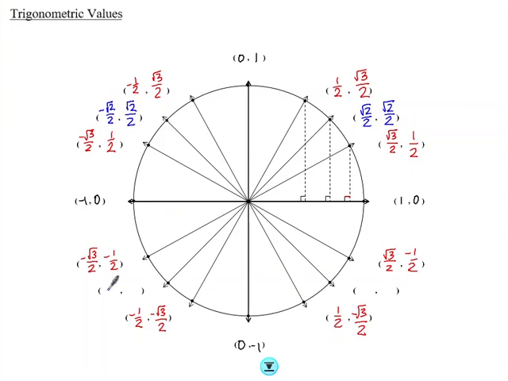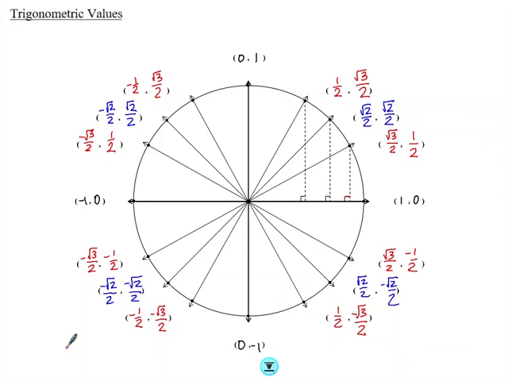In the third quadrant, both are negative. In the fourth quadrant, our x value is positive and our y value is negative. So the x values are the cosine values of that angle, the y values are the sine values of that angle.